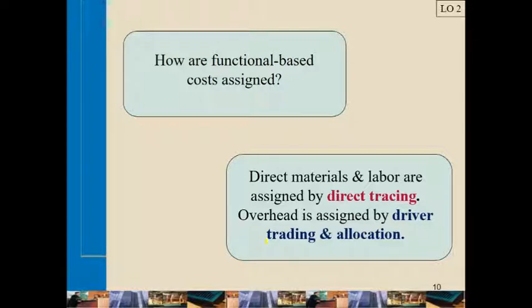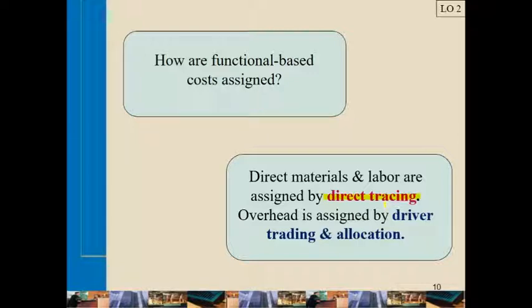Now, how are functional-based costs assigned? There are two ways. First is the direct materials and direct labor are assigned by direct tracing. If maka-remember mo, discuss na ni sa, I think it's also chapter 2, katong cost assignment.